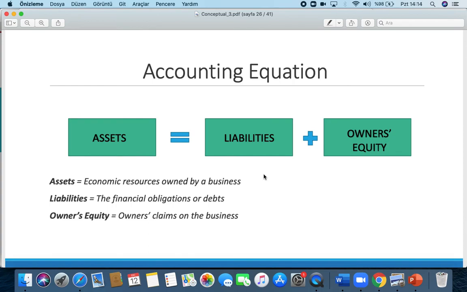So this equation is at the core. If you comprehend this equation, if you just conceptualize this very well, then the recording process will be very straightforward for you. Otherwise, it will be very tough. This course will be very, very difficult for you.